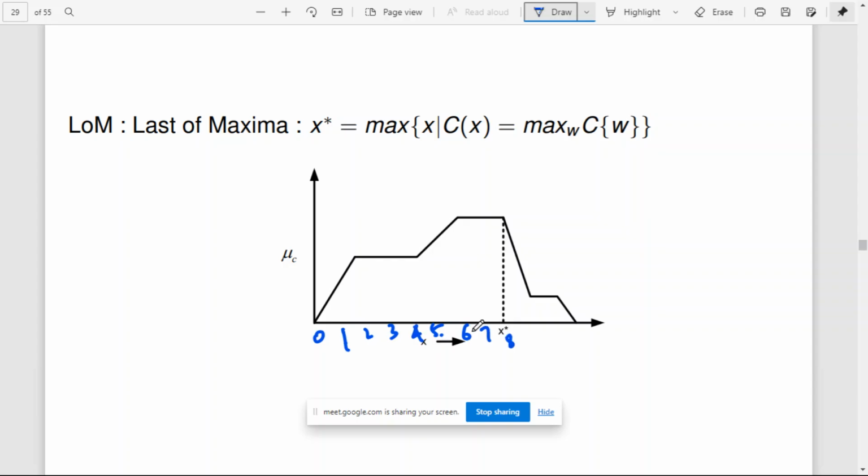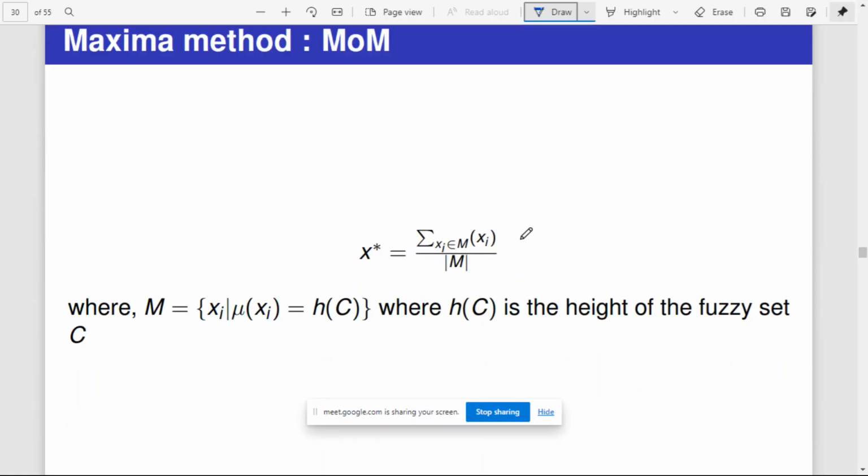Here again 6, 7, 8 are all producing the maximum value for the membership function, but this technique is called last of maxima, and here you have to take the last value of x which gives the maximum result. So the output will be x star equal to 8.